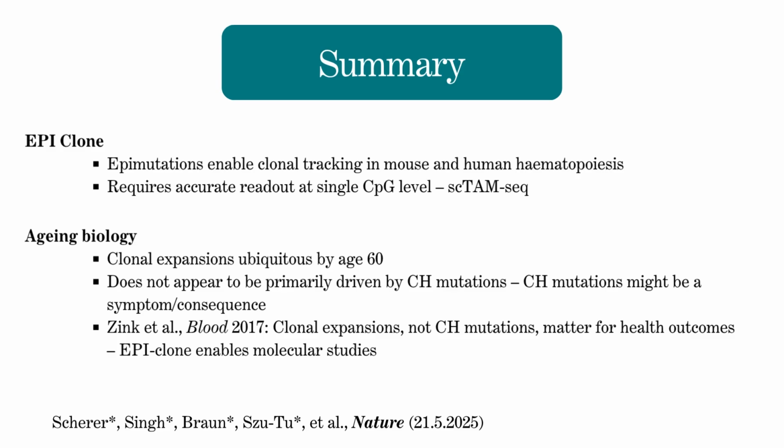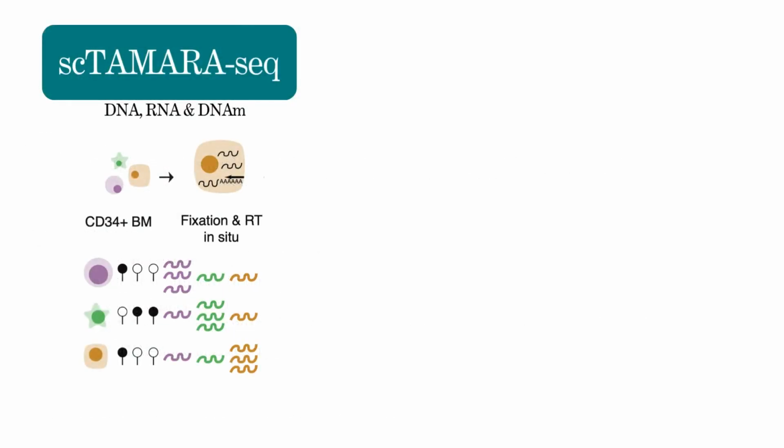The study was published a few weeks ago. I'll skip over this, I just want to show one more slide. Where's the mouse? Here. We have two additional technical capabilities, which I already mentioned: we can add RNA to this assay.